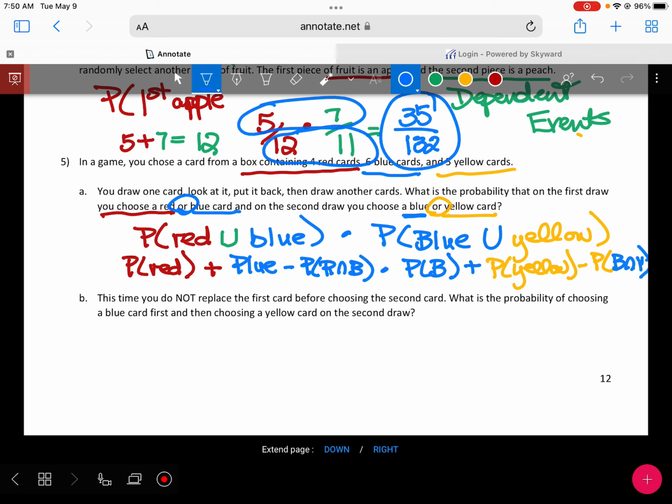Just want to make sure I'm doing this right. Yes. All right, so probability of red, we have 4 red cards, 6 blue cards, and 5 yellow cards.